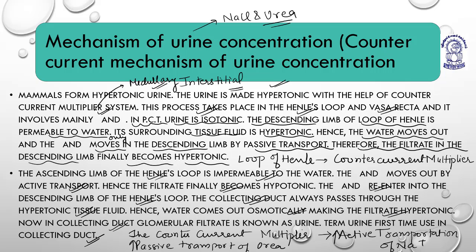Vasa recta is a very important region, as mentioned: vasa recta and loop of Henle. Vasa recta is freely permeable to water. Very important.